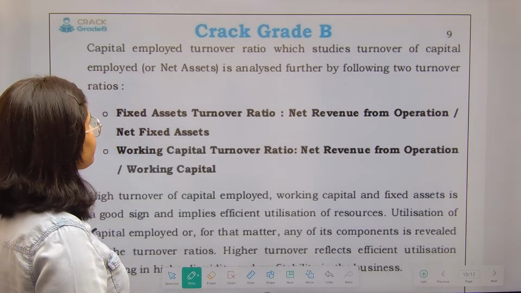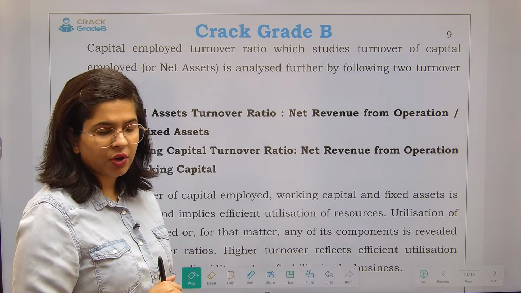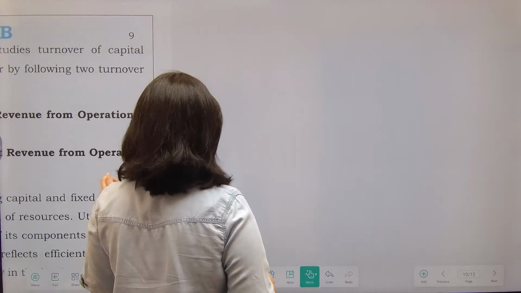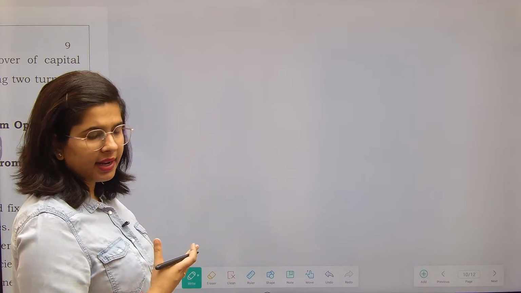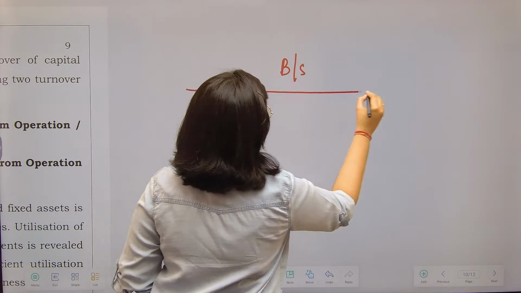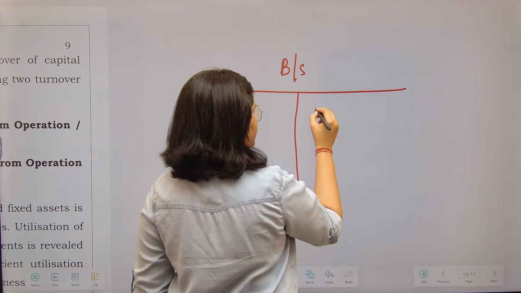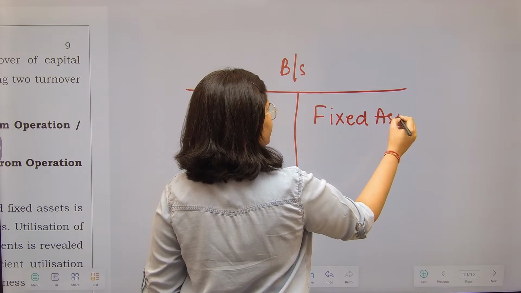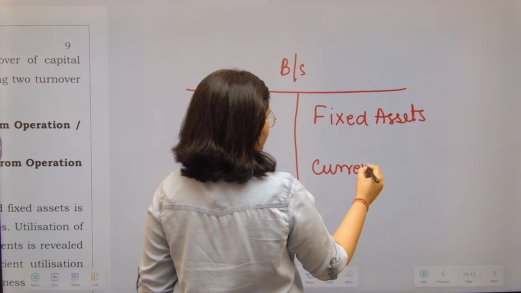Now see, your capital employed turnover ratio can be further subdivided into two kinds of ratio. I'll tell you the whole scenario over here, just for the sake of understanding. Okay? So this is your balance sheet. On one side of the balance sheet you have fixed assets. Here you have current assets.